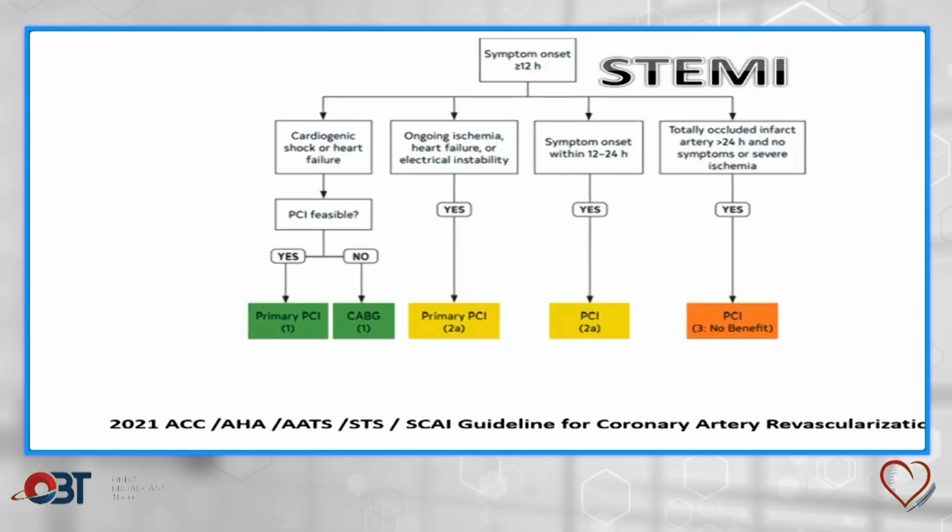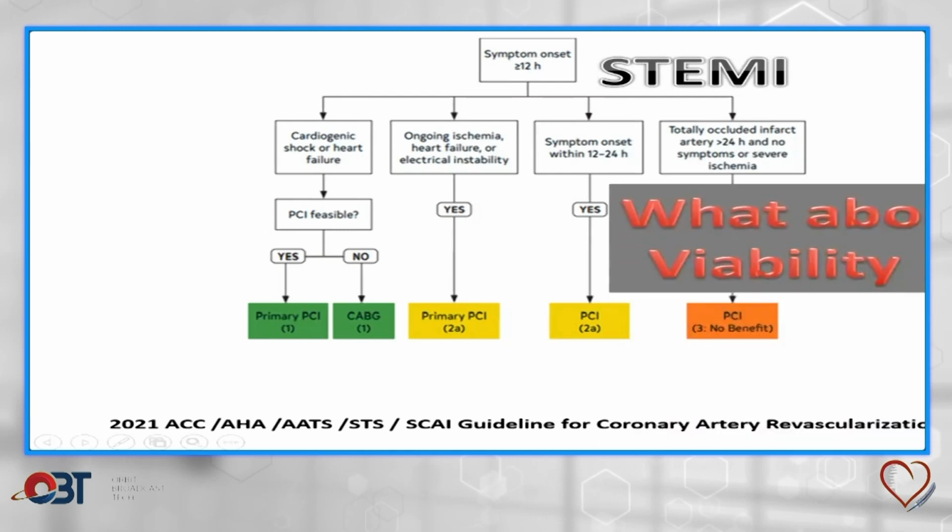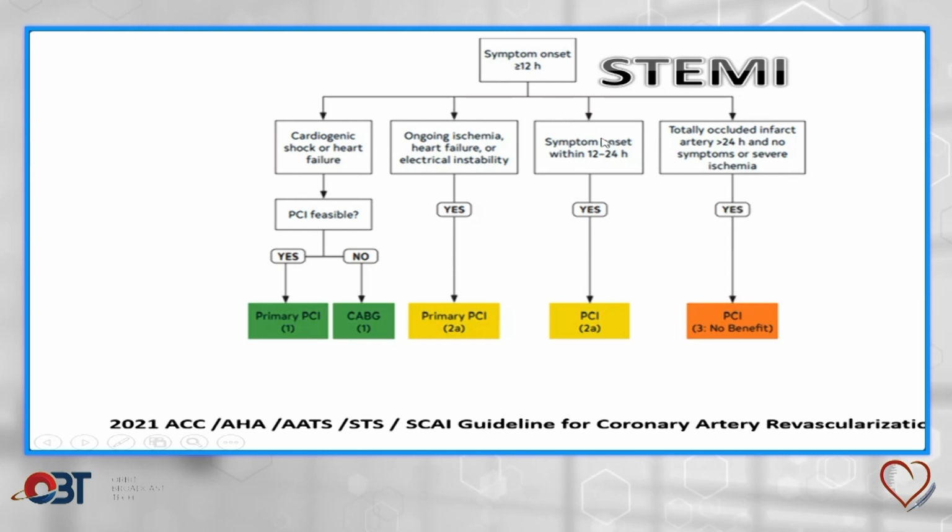So if you look at STEMI patients and their timing, you can see that people who present late have a different setup with different precipitations, and the ACC/AHA has different guidelines for them.